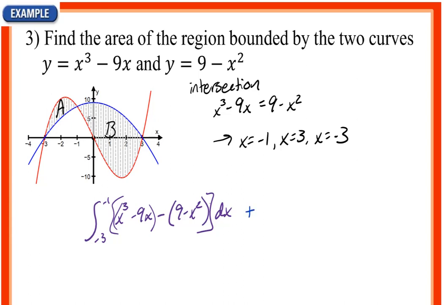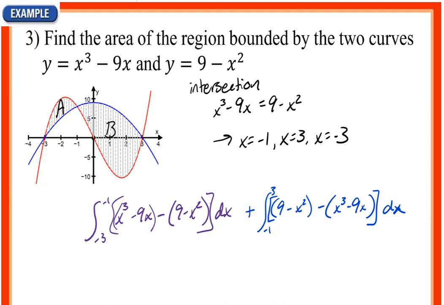Now I'm going to go plus the integral from -1 to +3, where the blue function, the parabola, is the upper function, which is 9 minus x squared, parentheses, minus, parentheses, x cubed minus 9x. These parentheses, of course, especially the ones that follow the subtraction sign, are essential. Do not forget to write those parentheses when you're writing these definite integrals.